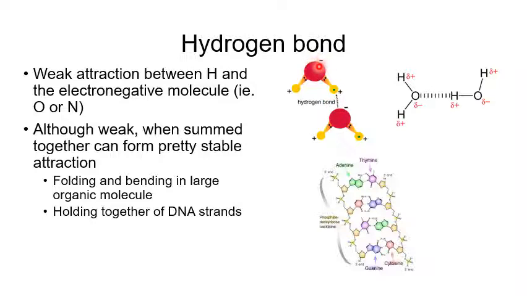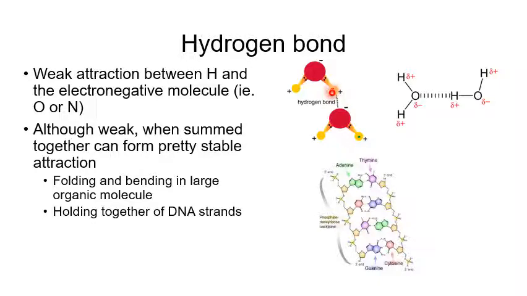Remember water. Here's our oxygen, our big red. Remember, the shared electrons between hydrogen and oxygen are pulled more closely towards the oxygen. So this gives the oxygen a negative pull. Since the electron is being pulled away from hydrogen and is not shared equally, it's less shared with the hydrogen.